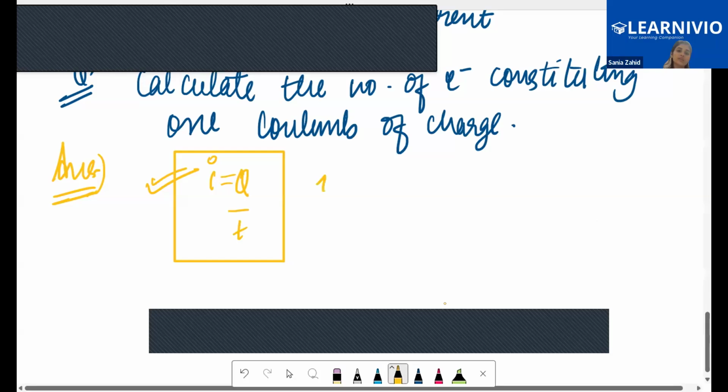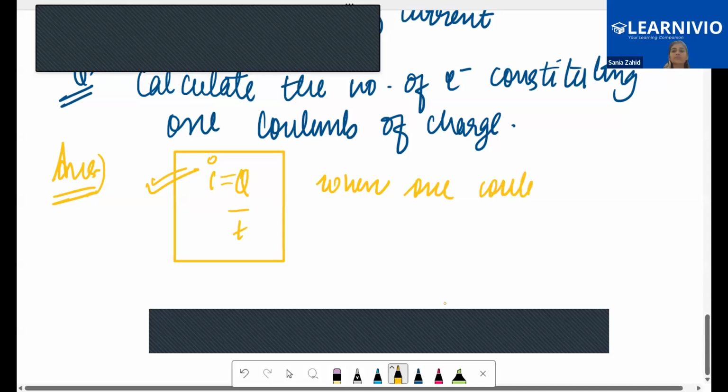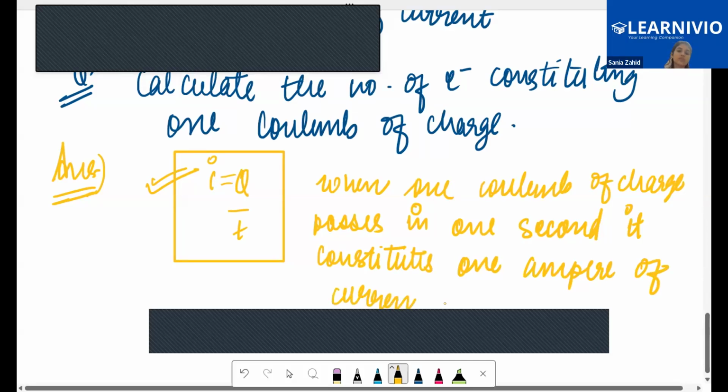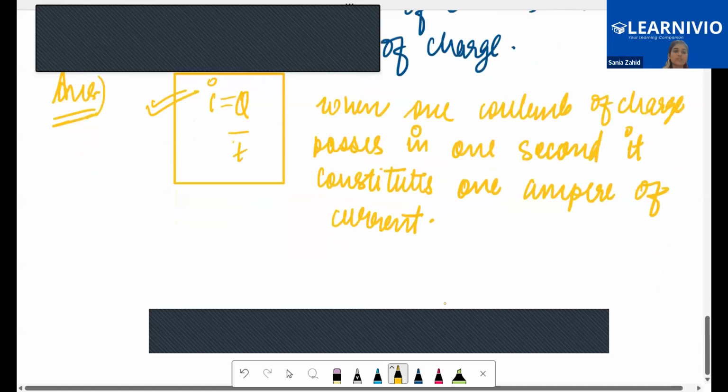We can say when 1 coulomb of charge passes in 1 second, it constitutes 1 ampere of current. Got it? Yeah, I got it. Please remember this.